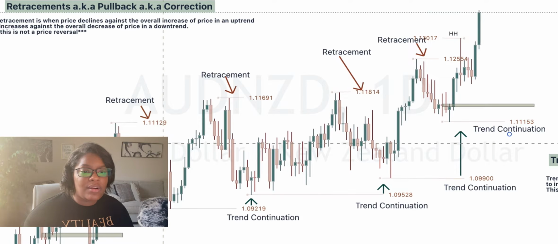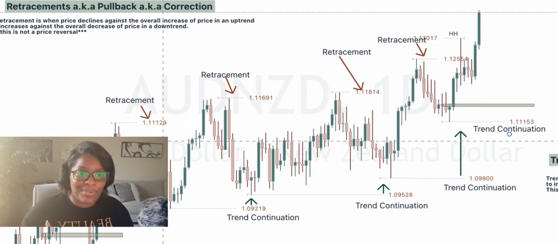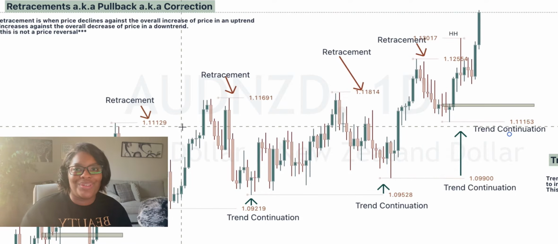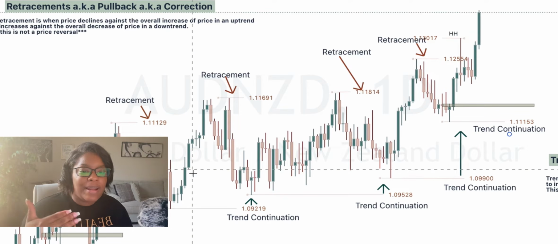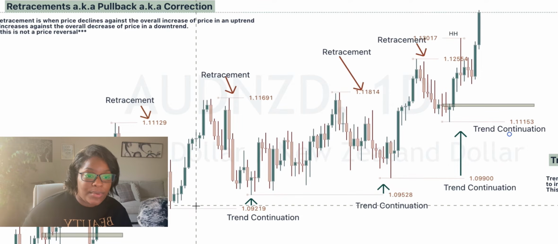And anytime you look at a counter move, you may be a counter trend trader, or you may wait for price to pull back before you continue to go with the flow, right? So we can see that price went from 1.11129, pulled back to 1.09219, staying above the last high.